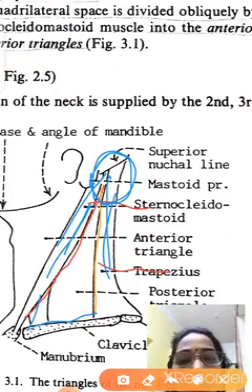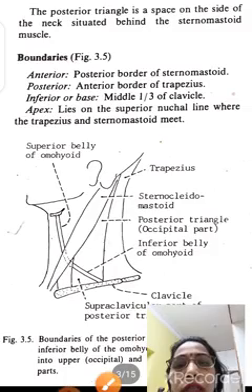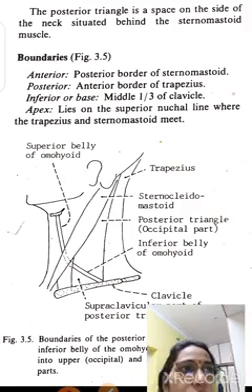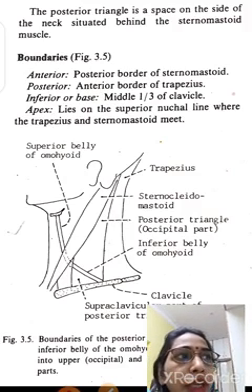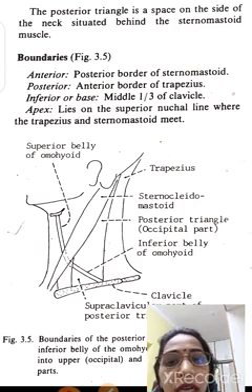Next, note that the inferior belly of omohyoid divides the triangle into upper occipital and lower subclavicular parts.